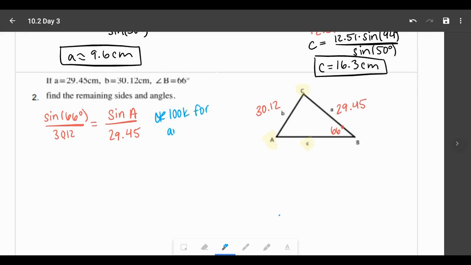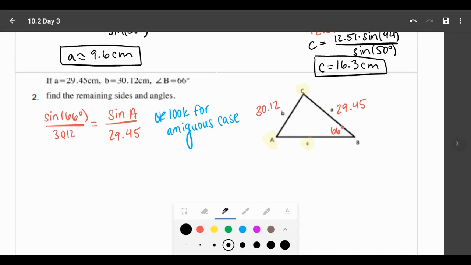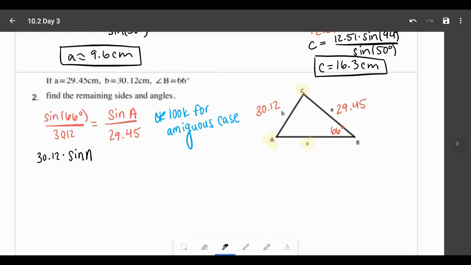Now, if you remember, we are solving for an angle first, so we must look for ambiguous cases. Okay, so what we're going to do first is just solve this problem as much as we can, and then go through and look for a possible second triangle. So if I first solve for angle A, I'm going to end up getting that 30.12 times sine of A is equal to 29.45 sine of 66.